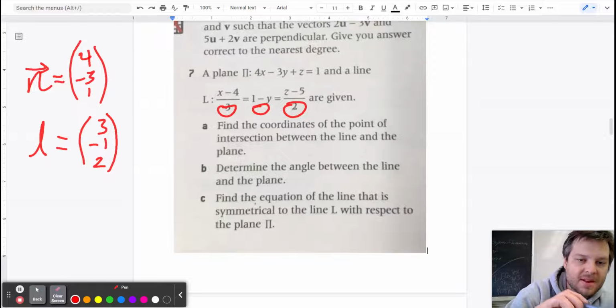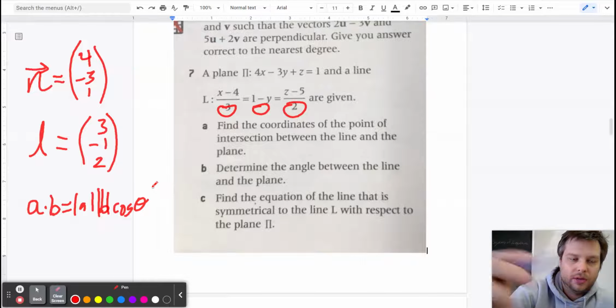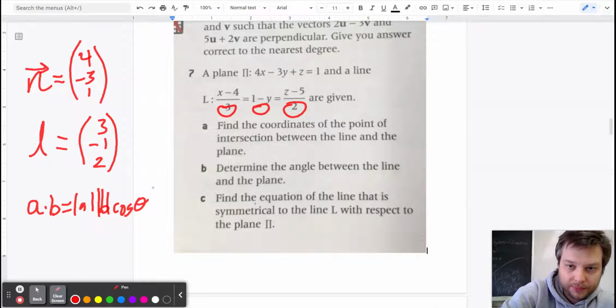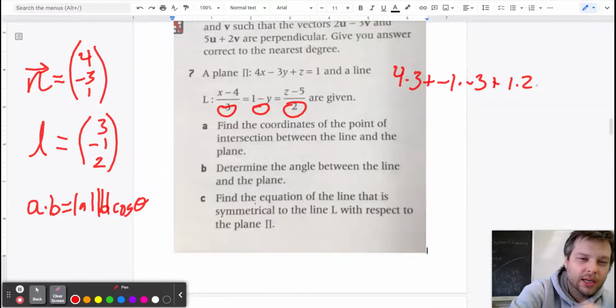Okay, so remember that the formula we're going to use is that a dot b is equal to magnitude A, magnitude B, cosine theta. And so we're going to dot product those two things. So we do 4 times 3 plus negative 1 times negative 3 plus 1 times 2. That's the dot product. Let's also calculate the magnitude.